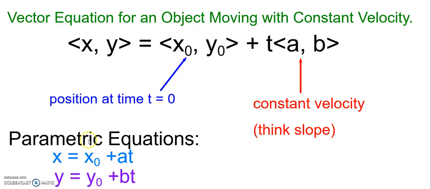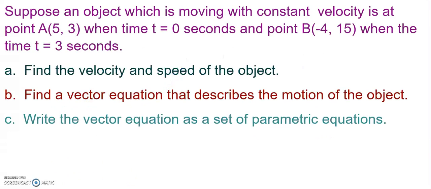So from this, I can write the vector equation as a set of parametric equations: x equals x sub 0 plus at, and y equals y sub 0 plus bt, where a is the change in the x component, and b is the change in the y component in terms of my slope. This is my horizontal change. This is my vertical change.